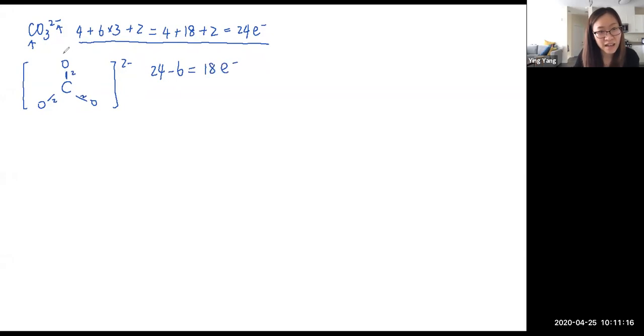Then I'm going to use those 18 to complete the octet for the oxygens. Each of them needs 6, times 3, and they're all identical, and therefore there are no electrons left for carbon.